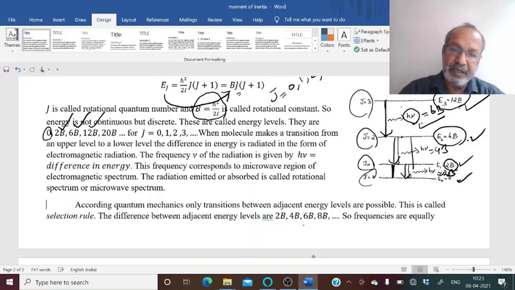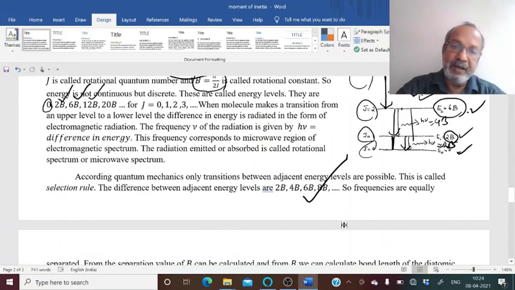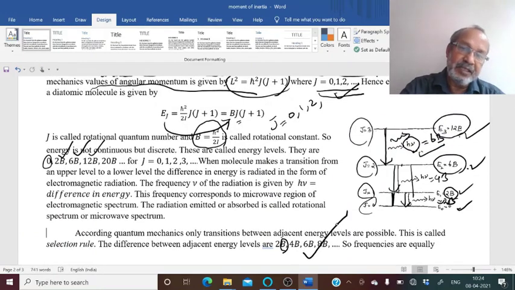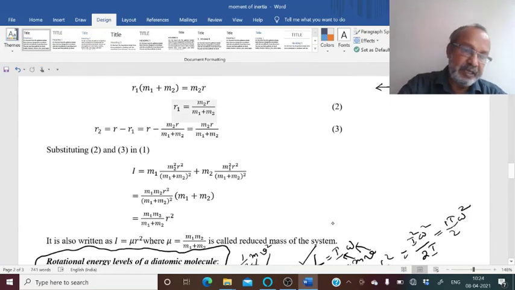So these are the values of h nu. So the frequencies are equally spaced. These emitted electromagnetic radiations can be studied using a spectrometer and frequencies can be determined. So from the value of frequency we can have the value of B, and B we know that it is h cross square by 2I, and I is, as we have already seen, mu r square.